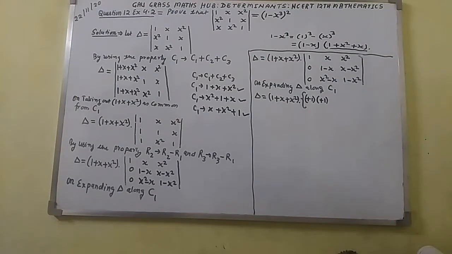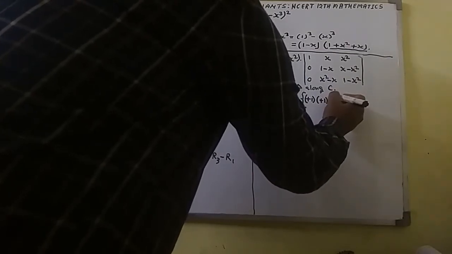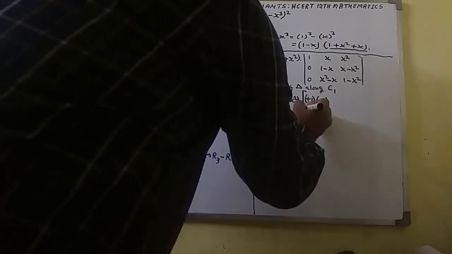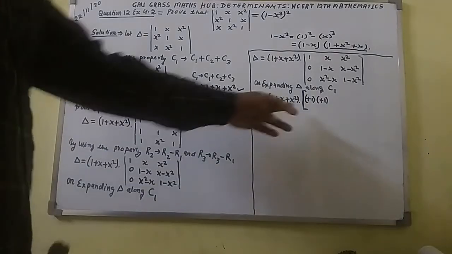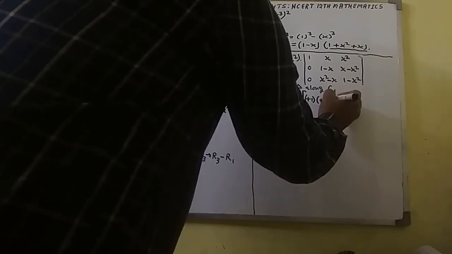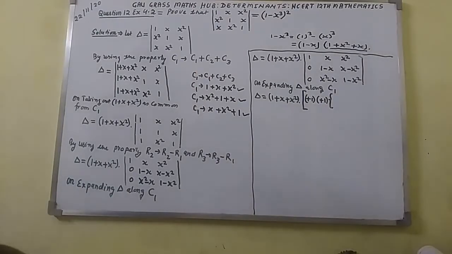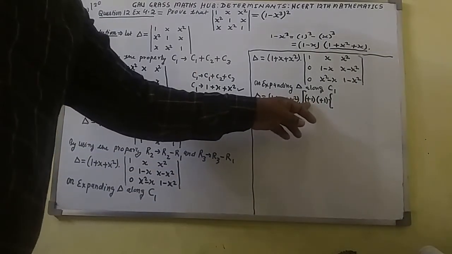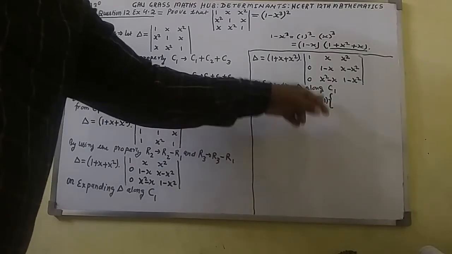Now you have to get the minor of plus 1 here. Here open a curly bracket. You can see plus 1 is a constant, which I have written from this place.